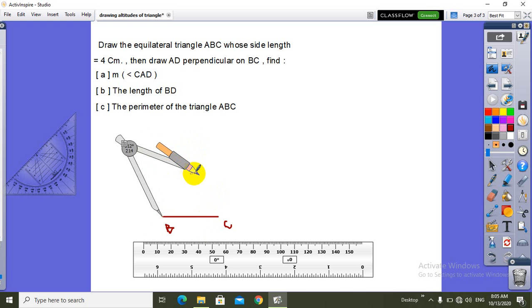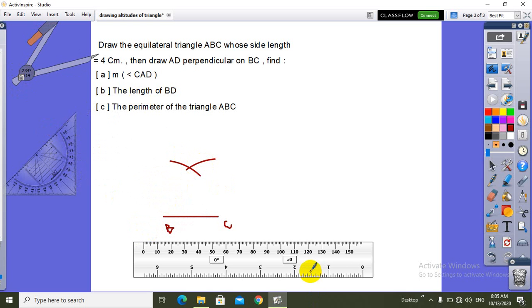Then I will draw by using this pencil the first arc. Then put this compass on C and move it slowly. Now I'm ready to draw the second arc. Then the work of the compass is finished.